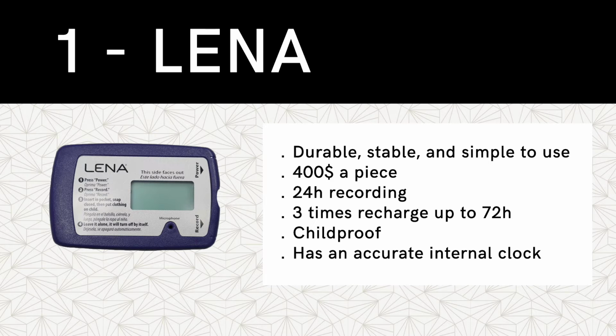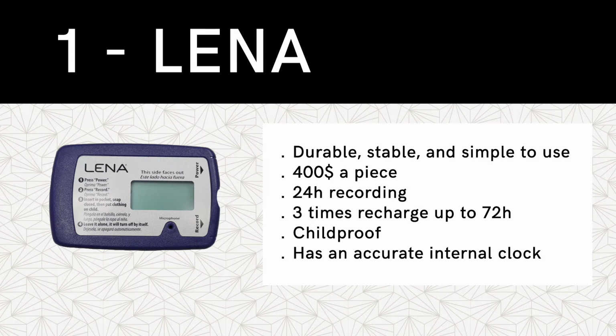You can also ask the family who is doing the recording to recharge it, which will allow them to record 3 times. When the recording goes up to 72 hours, the memory is full, and then you need to extract the data before you can use the DLP again. This recording device is perfectly childproof.